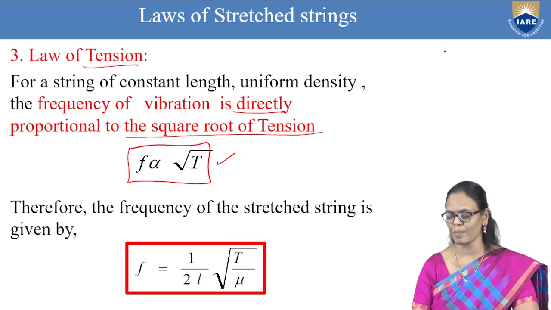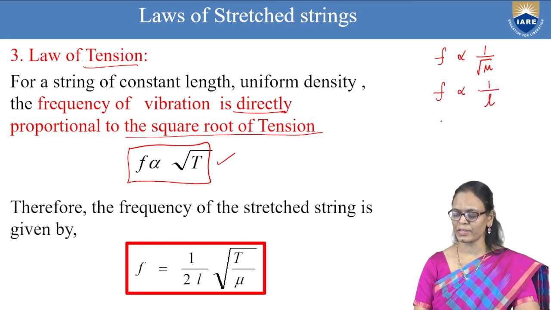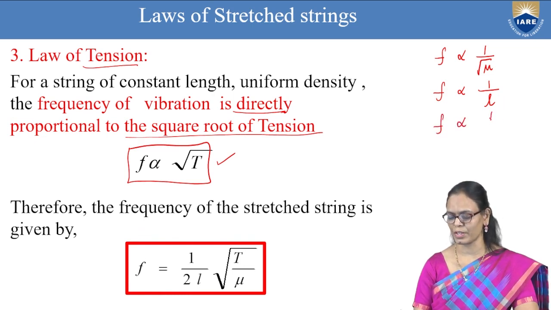The first law: F is proportional to 1 upon root mu, or inversely proportional to the square root of mass per unit length. The second law is the law of length: frequency is inversely proportional to the length. And the third law is the law of tension: frequency is directly proportional to the square root of tension.